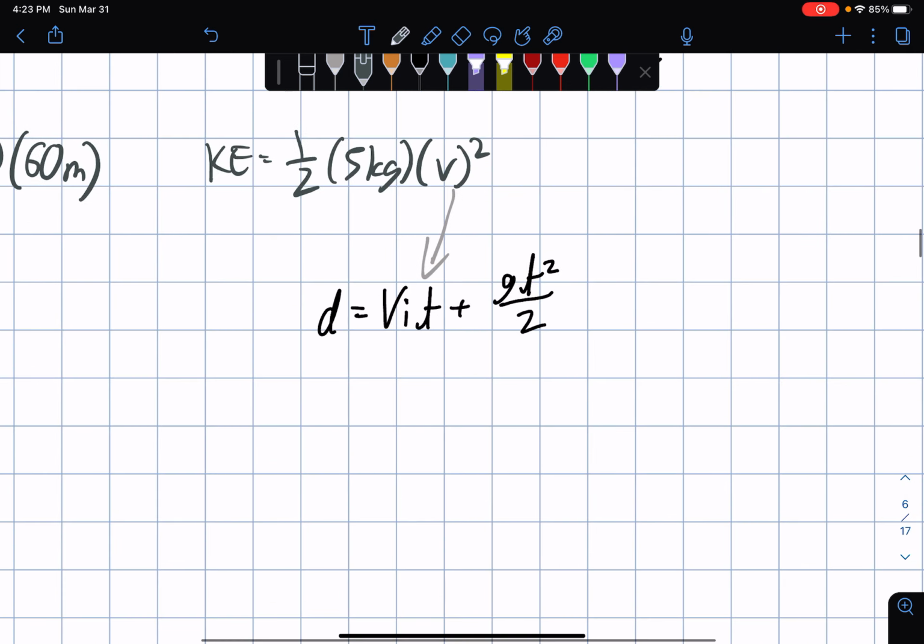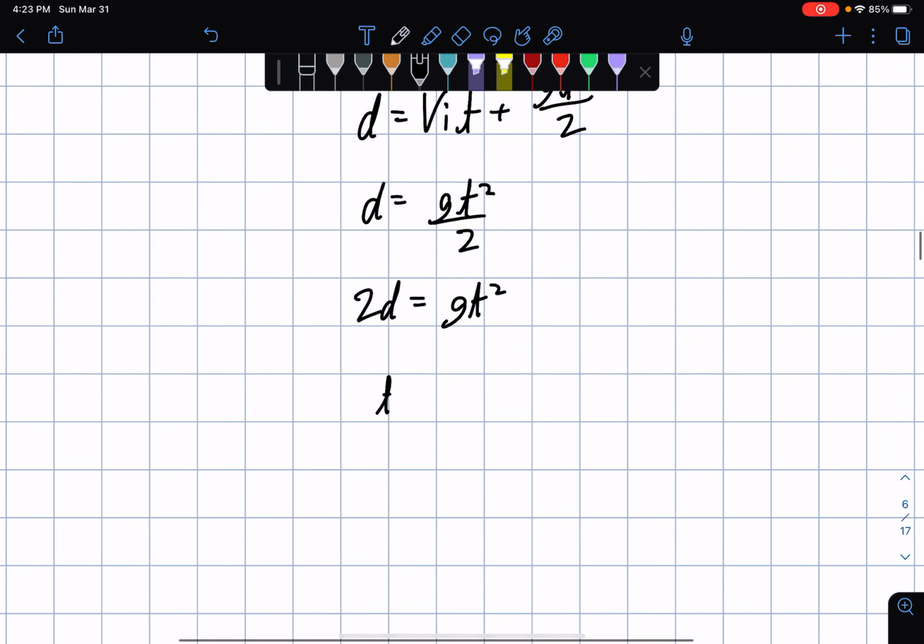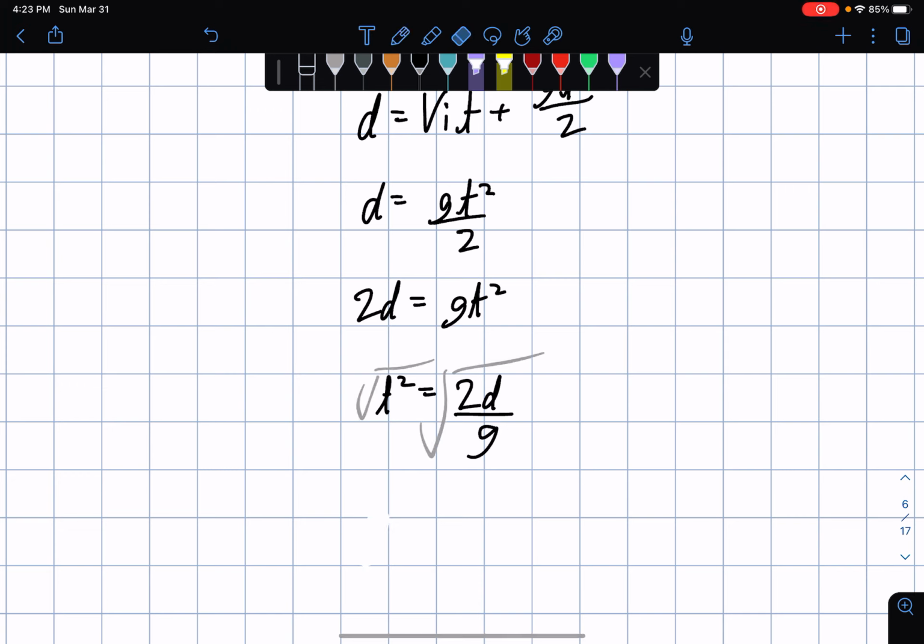From there, 0 times the time, that's 0. So what we have left is D is equal to GT raised to 2 over 2. Now, let's substitute. 2D is equal to GT raised to 2. T raised to 2 is equal to 2D over G square root. T is equal to square root of 2D over G.